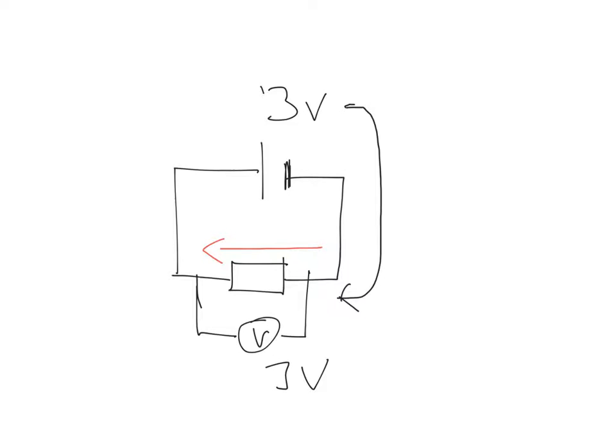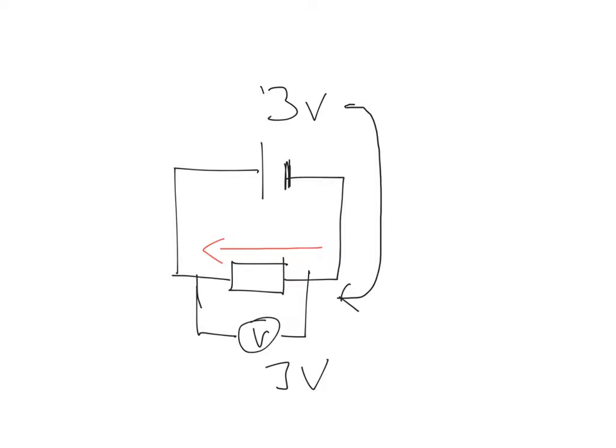By work I literally mean work done by the electrons on the resistor as they move through there. So it's transferring the energy per unit charge it has into heat.